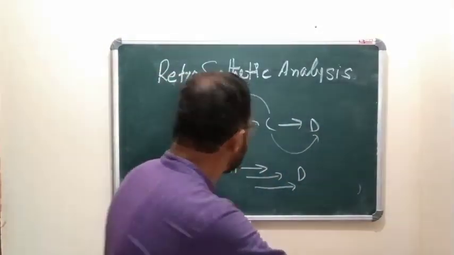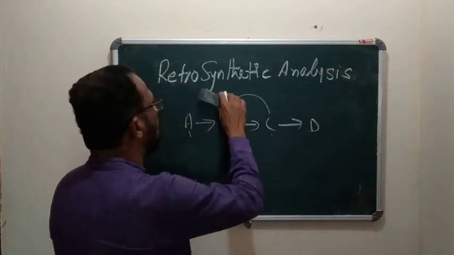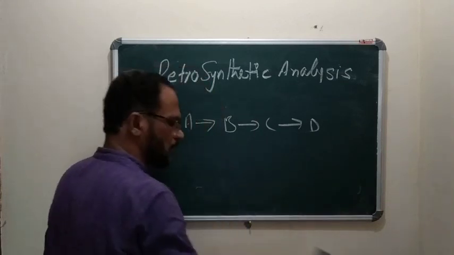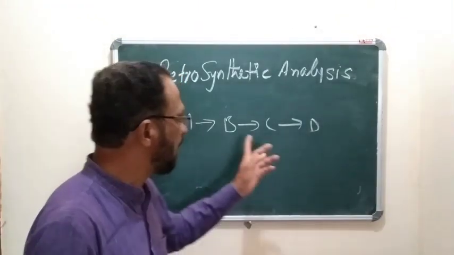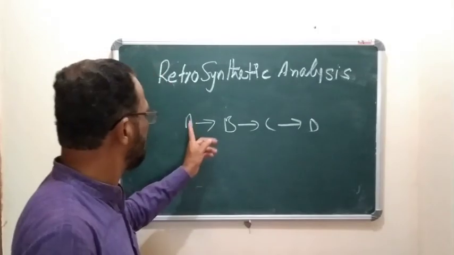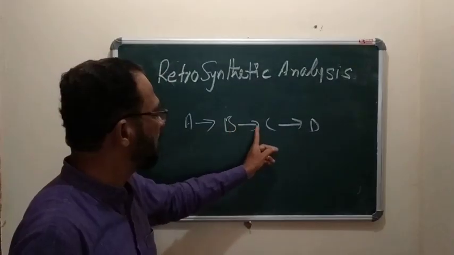So, this is what is called the synthesis or the scheme of synthesis. Now, this synthesis is possible, or we can write this scheme only if you know the starting material, the intermediate B, C, etc.